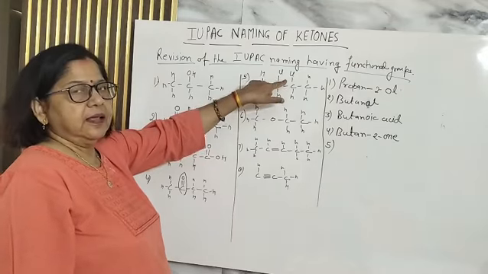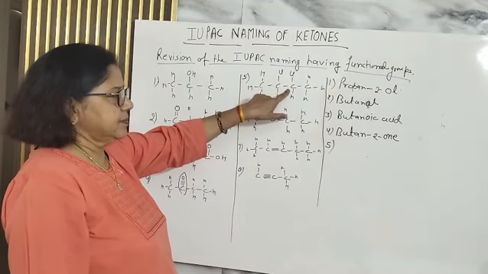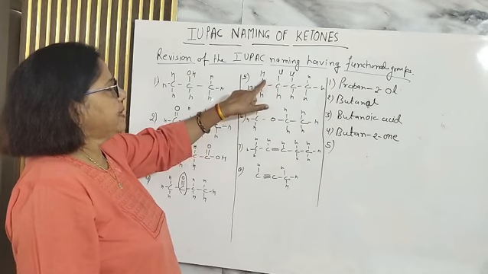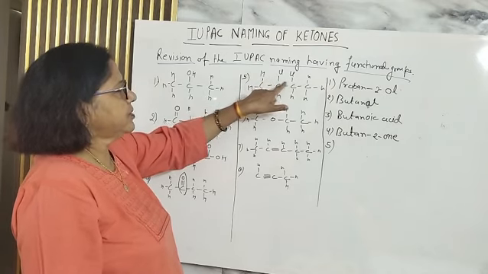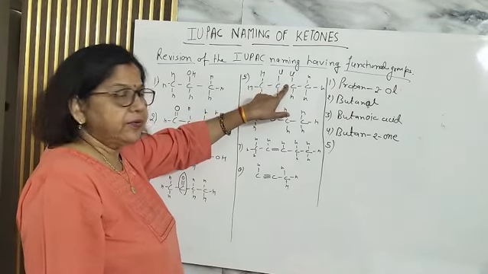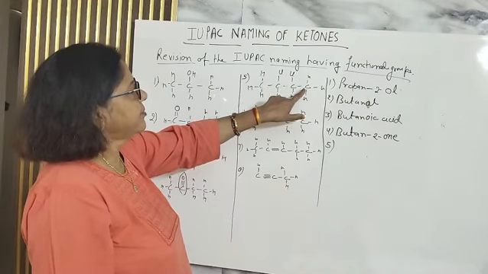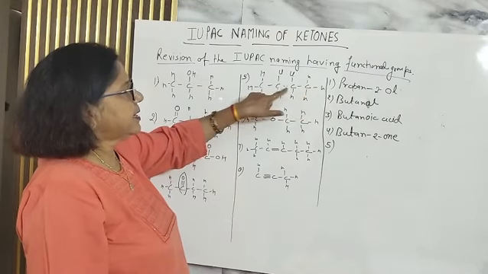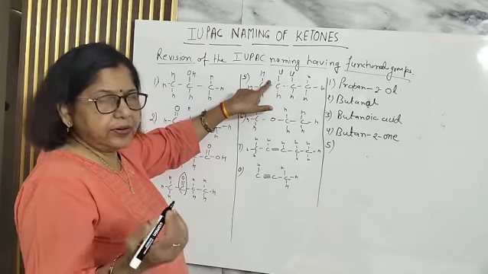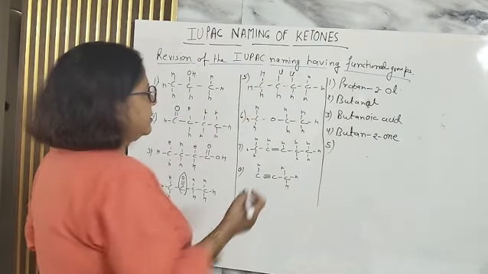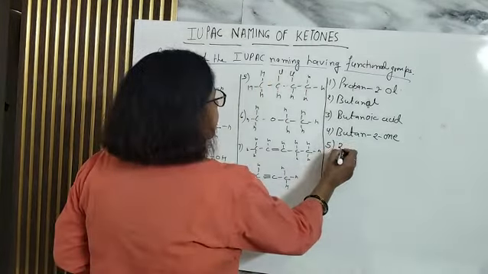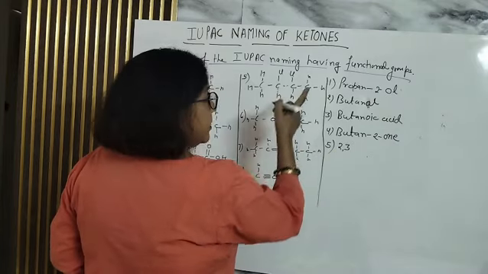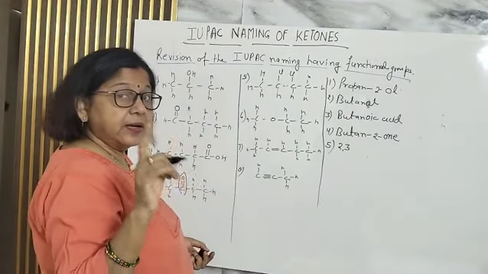Now the fifth member. Here chlorine is there on 2 carbon atoms, right? If we go from left to right, 1, 2, 3, 4, the second and third carbon atoms are having chlorine. If we go from right to left, 1, 2, 3, 4, the second and third are having chlorine. So we can go either way. So I write here 2, 3. Then what will be the prefix used?